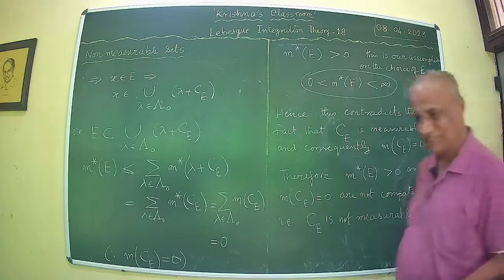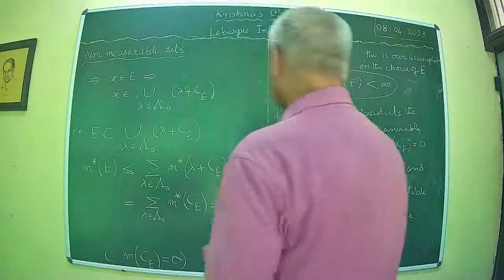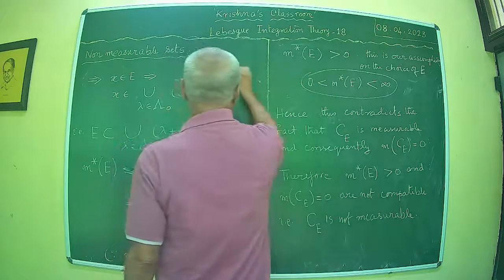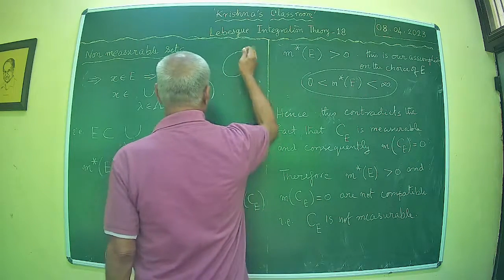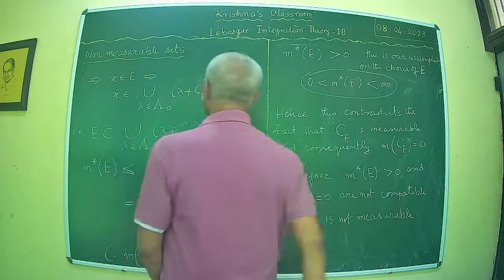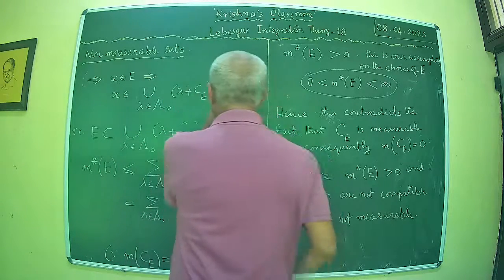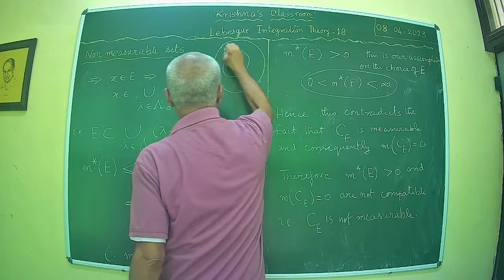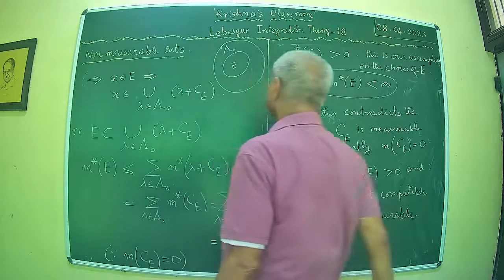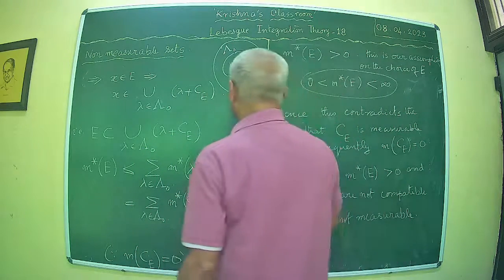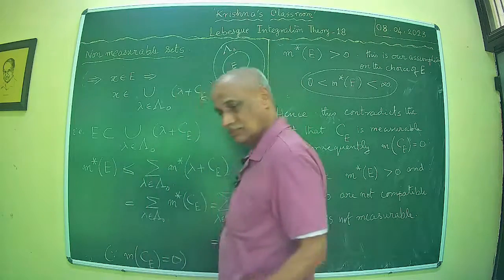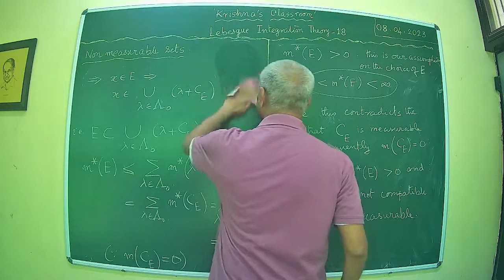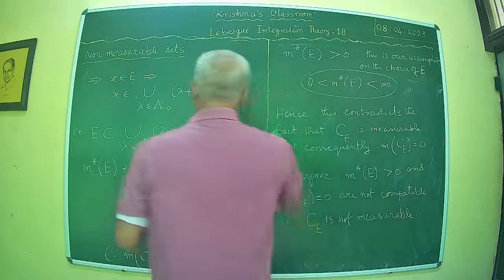So the important point is this, that we started with a bounded set. I am using a Venn diagram. E is a bounded set. Okay. Now we used all rational numbers, so what I had was this.